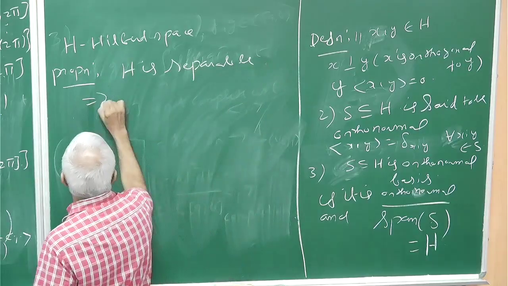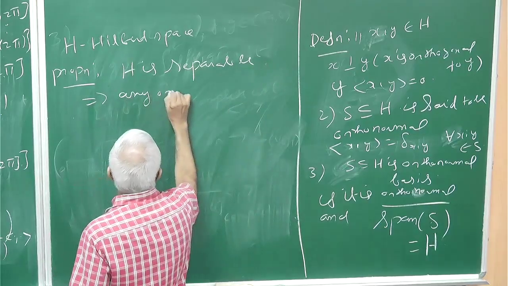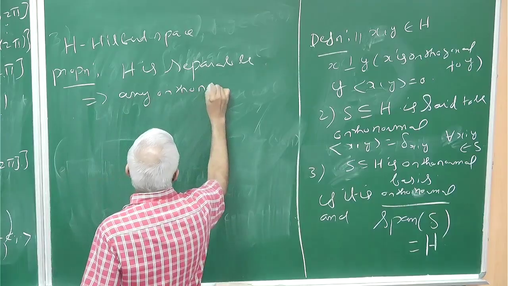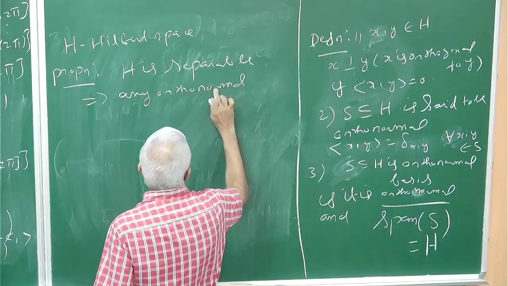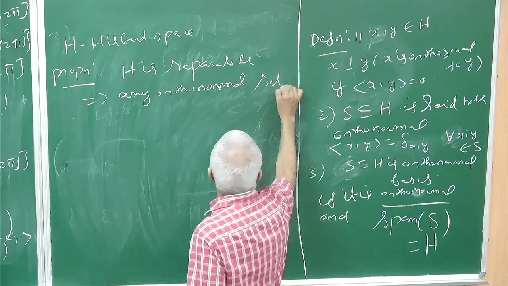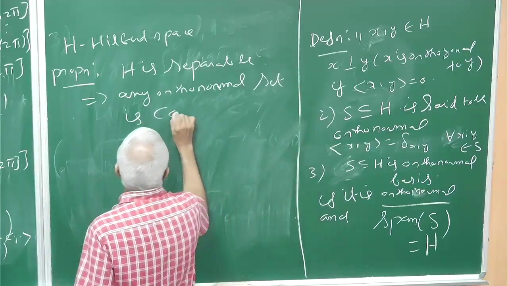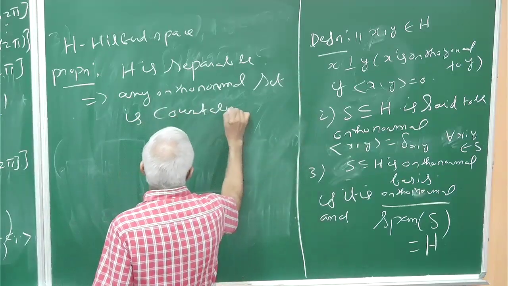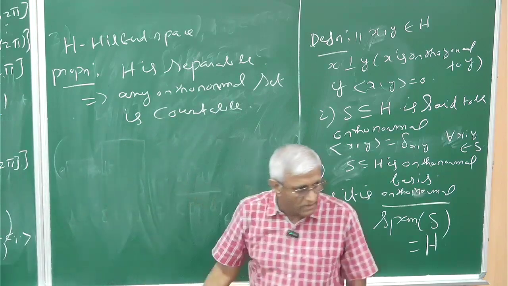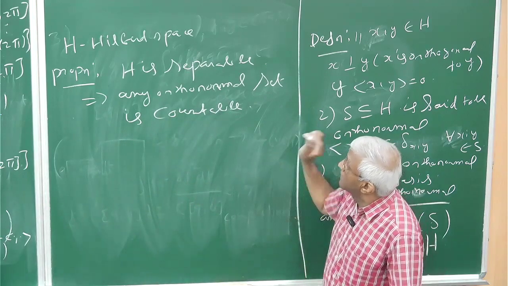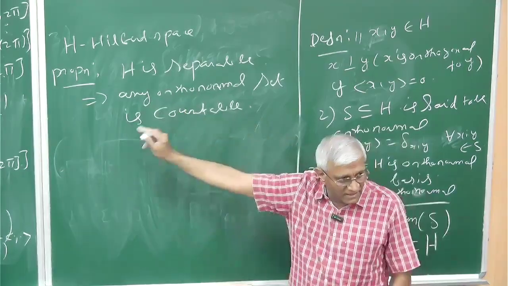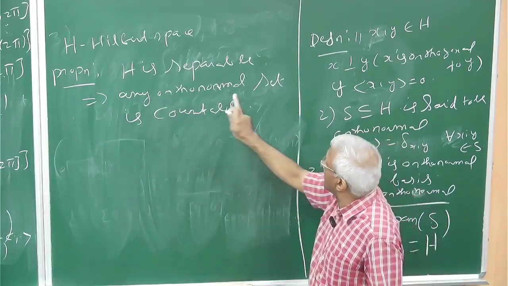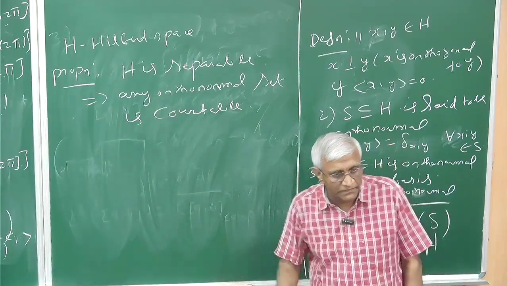This implies any orthonormal set is countable. If you have a separable Hilbert space, then any orthonormal set is countable.